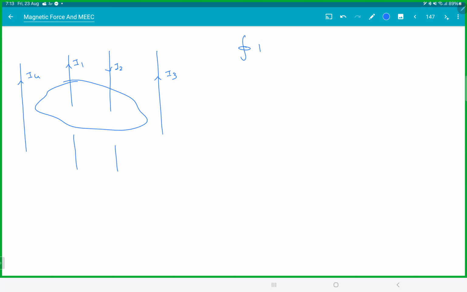So the integral of B bar dot dl bar is equal to mu naught I crossing. Now this B bar is due to all currents. If you remember, even in Gauss's law, E dot dS, E bar is due to all charges inside and outside. Whereas this I crossing is only I1 minus I2.